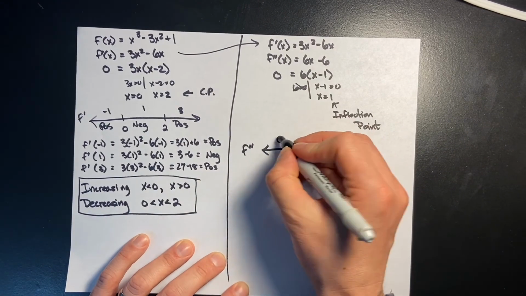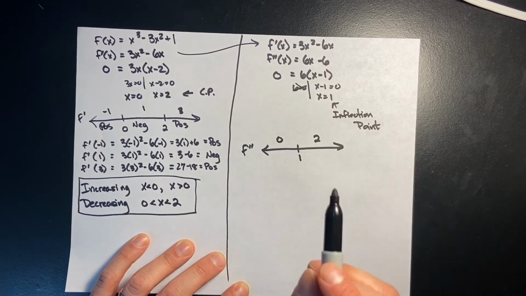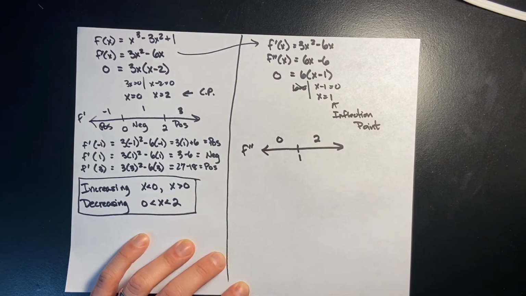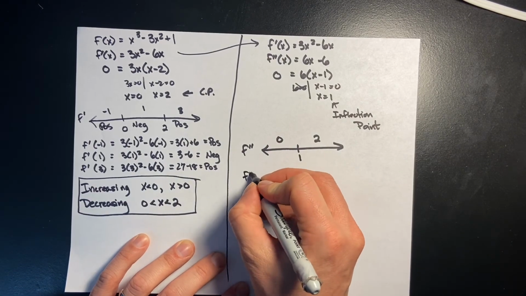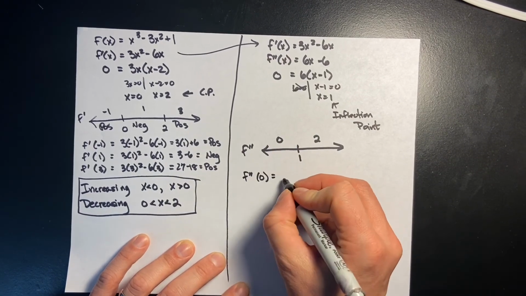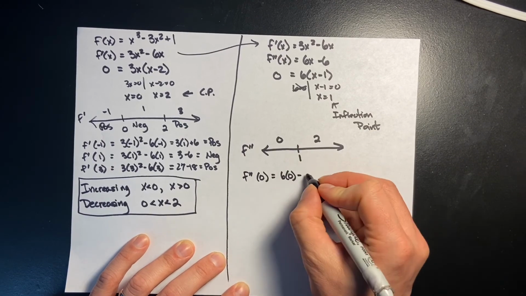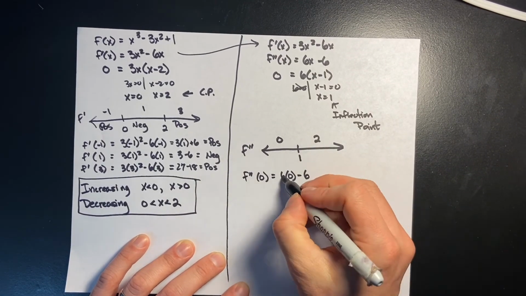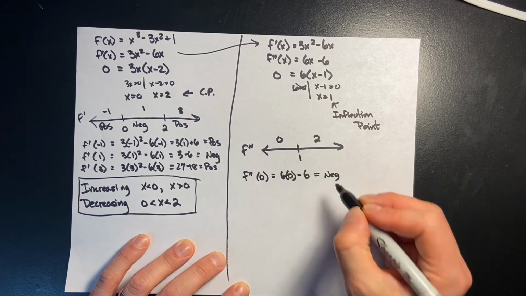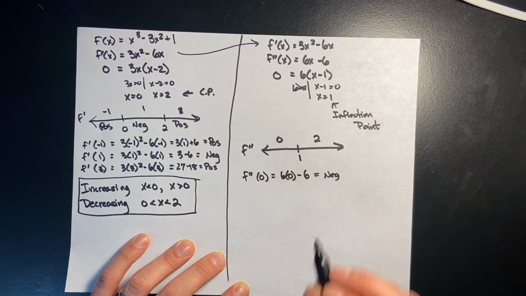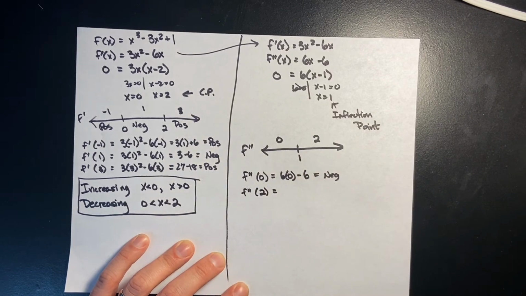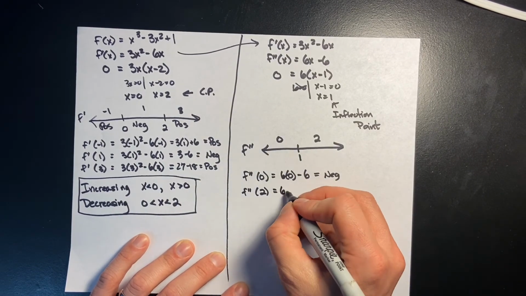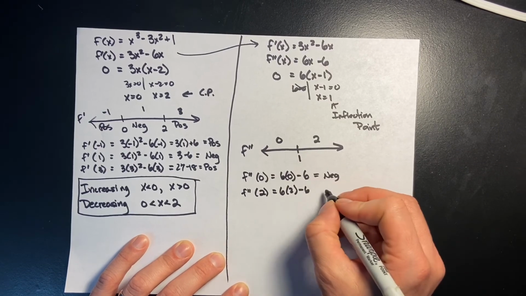So I can plug in 0, I can plug in 2. I'm going to plug in 0 and 2 into my second derivative. F double prime of 0 is going to be 6 times 0 minus 6, which is 0 minus 6, so I get a negative. If I plug in 2 into my second derivative, I get 6 times 2 minus 6, which is 12 minus 6.